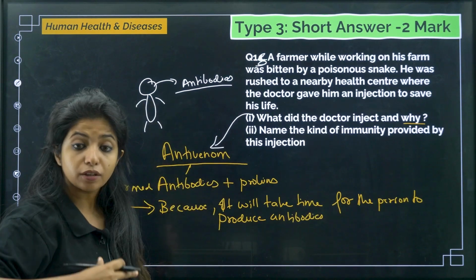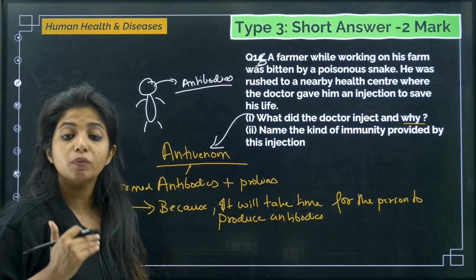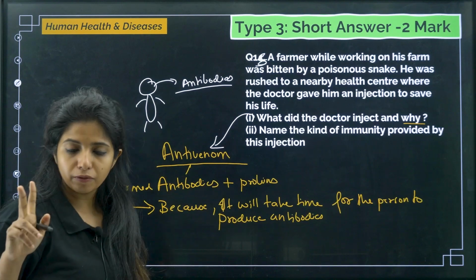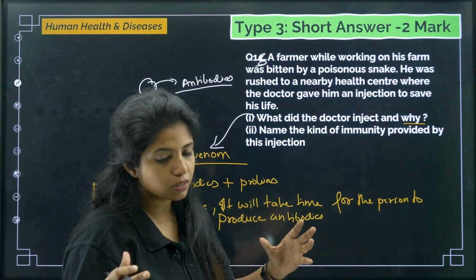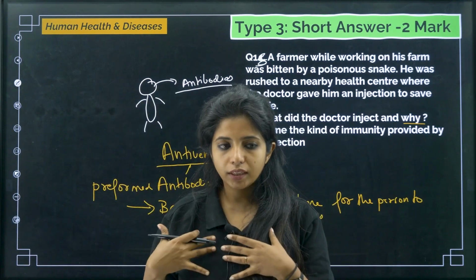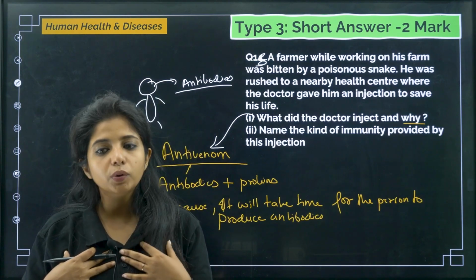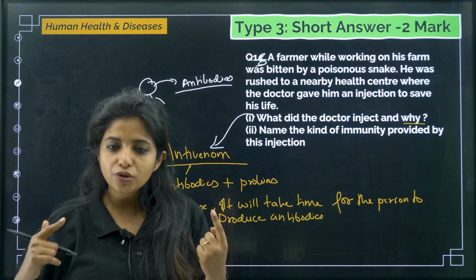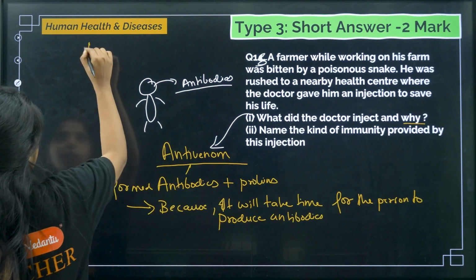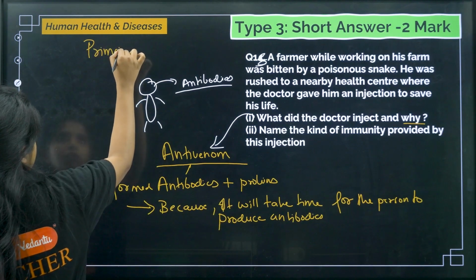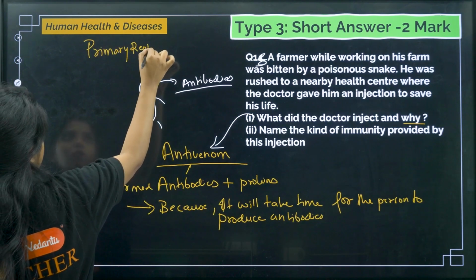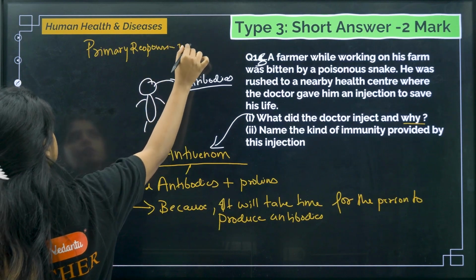Okay, and if it's the first time that the snake has bitten, obviously this will be a primary response. So there are two types of responses. For example, once when COVID affected me, at this point of time my body was weak, I didn't fight back, but still my body tried to release certain antibodies. So the first response that you always have is known as primary response, which is a weak response.